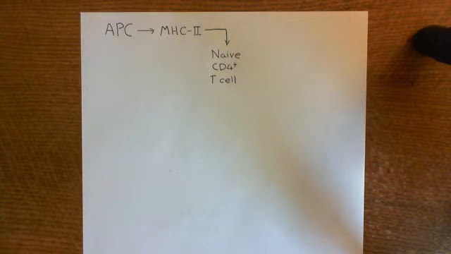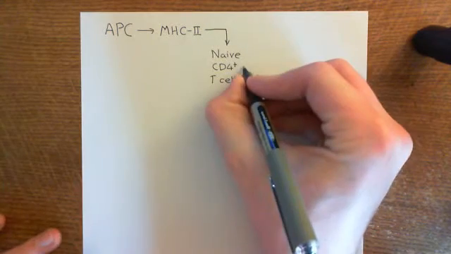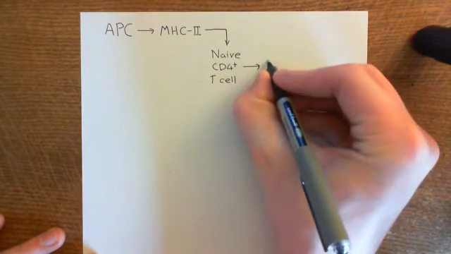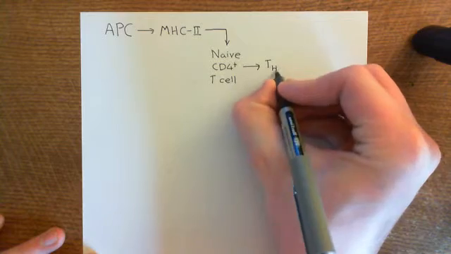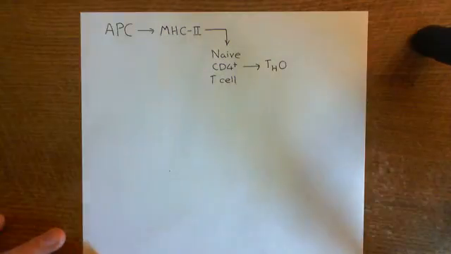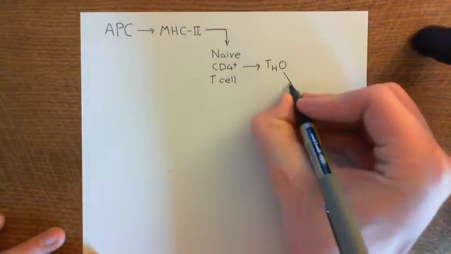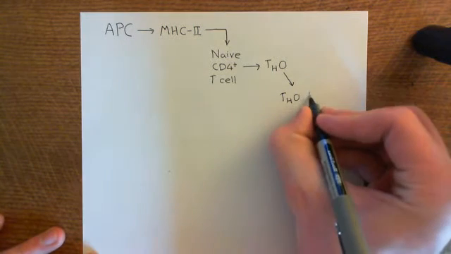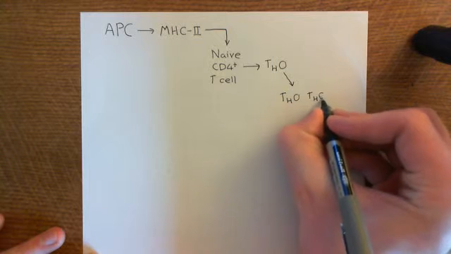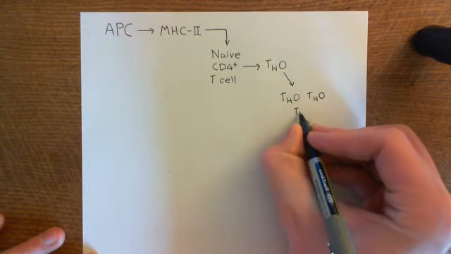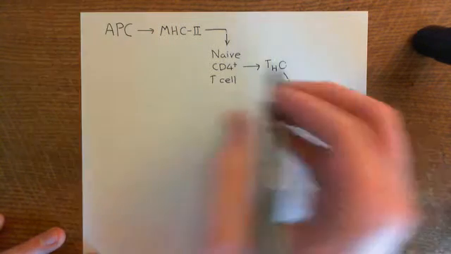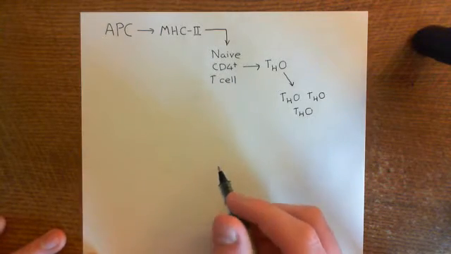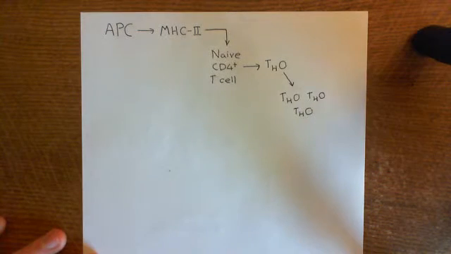Okay, what then happens is the naive CD4 positive T cell becomes activated and it differentiates into a T helper naught cell, abbreviated as TH0 there. Then the T helper naught cell divides and divides and divides, so you get a whole population of these T helper naught cells, all of which have this identical T cell receptor which is armed against this antigen fragment that has been presented.